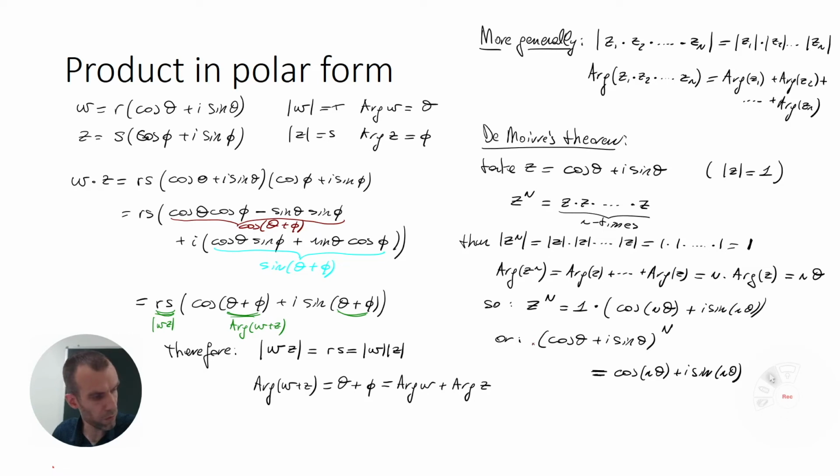And this deserves its own box because that's the result of the theorem. So this makes raising a complex number to a power very easy. What you basically have to do is just multiply the argument by that power. So the power becomes this multiplication here inside.